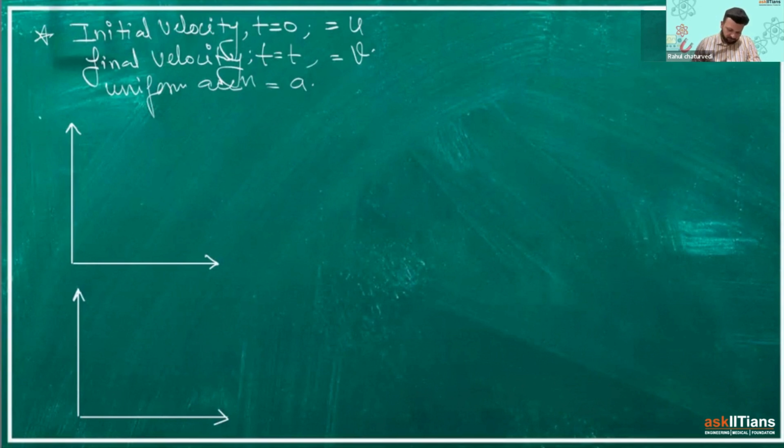This is VT and the second one is ST, right? At t equal to 0, the initial velocity is u. But after some time t, its position is also changing and its velocity now is v, right? So the line joining the initial and final velocity will be this one.